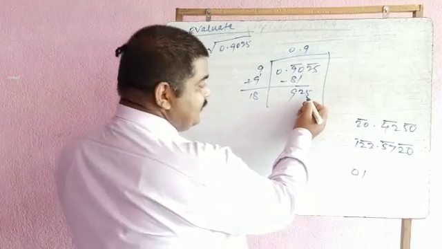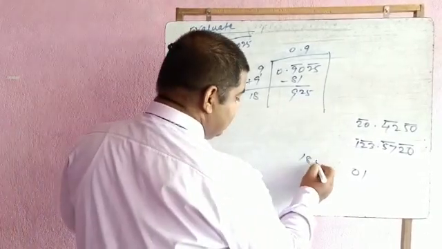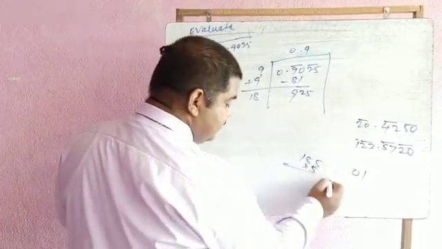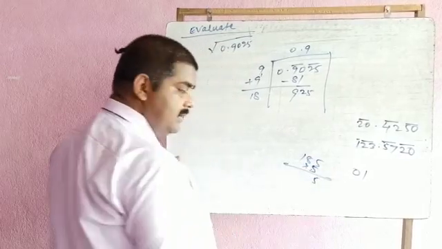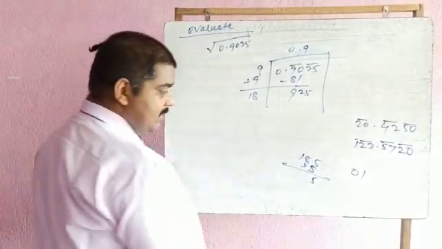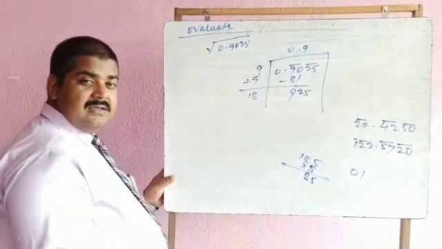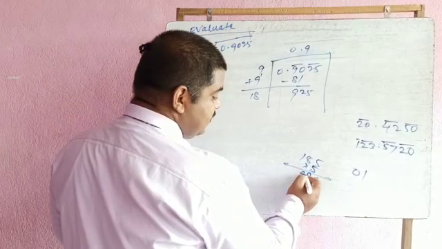Since its unit place is 5, there is a chance for 185, and when it is multiplied by 5, what do you get? 5 5s are 25, carry 2; 8 5s are 40, plus 2 is 42, carry 4; 5 1s are 5, plus 4, 9.